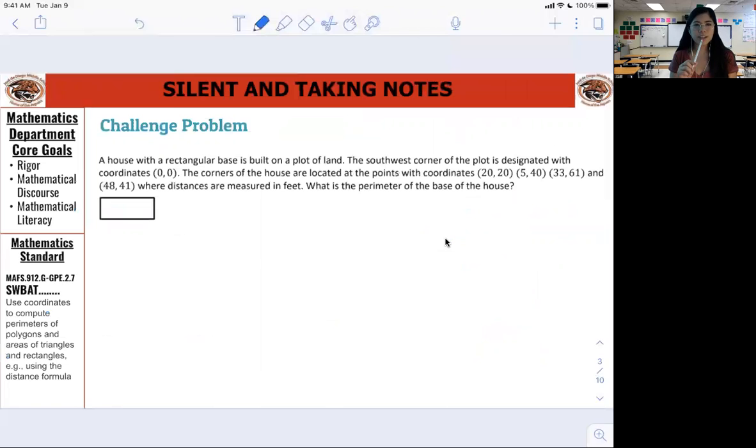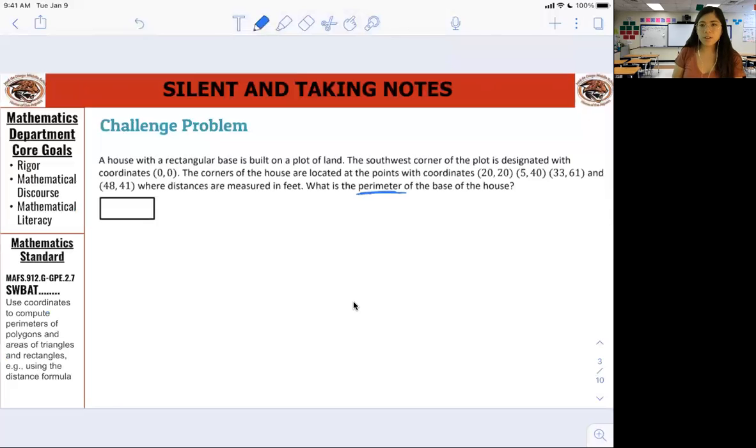A house with a rectangular base is built on a plot of land. The southwest corner of the plot is designated with the coordinate 0, 0. The corners of the house are located at the points with coordinates 20, 20, 5, 40, 33, 61, and 48, 41, where distances are measured in feet. What is the perimeter of the base of this house?